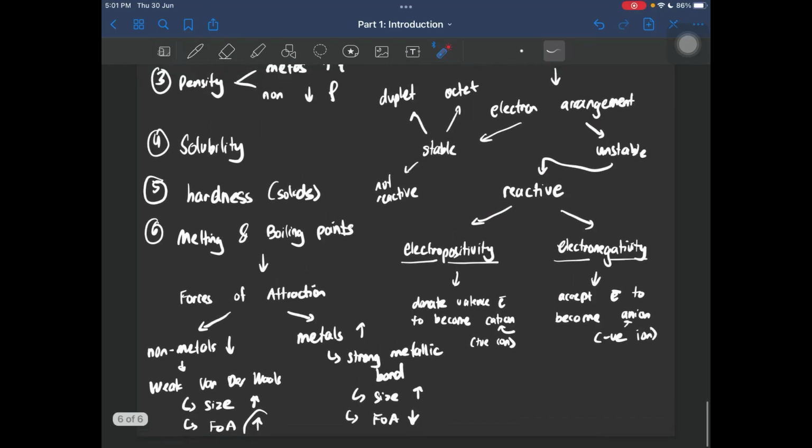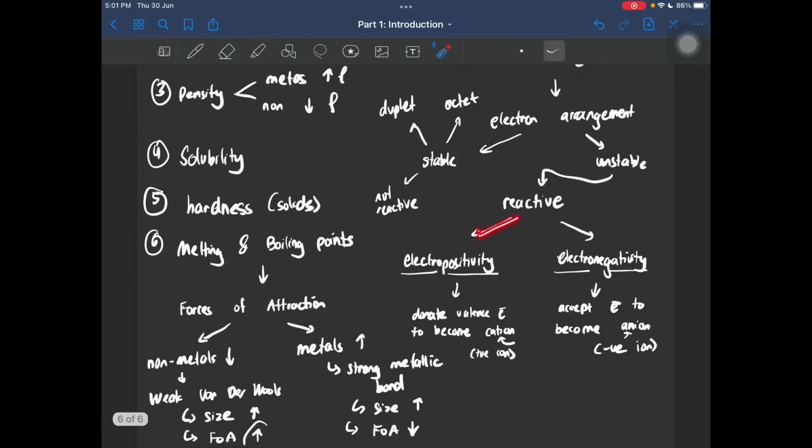And the reactivity down the group differs due to electropositivity and electronegativity. Electropositivity is the tendency to donate or release electrons in order to become stable and become a cation, while electronegativity is the tendency to accept electrons to achieve stable electron arrangement and become an anion.